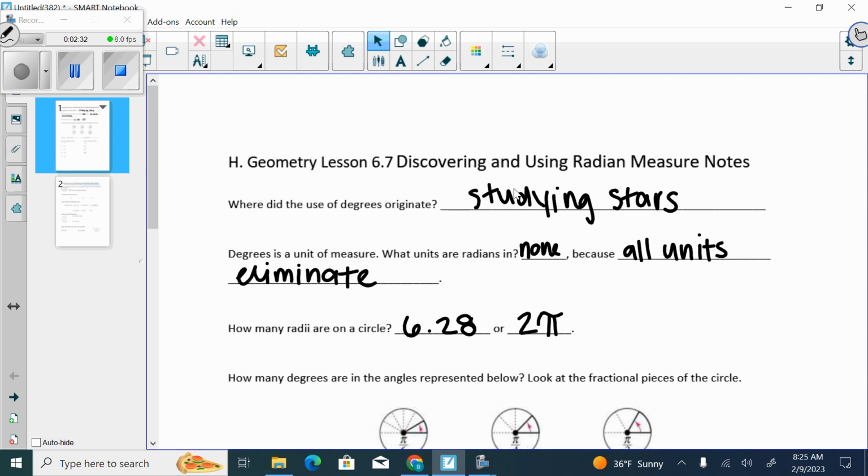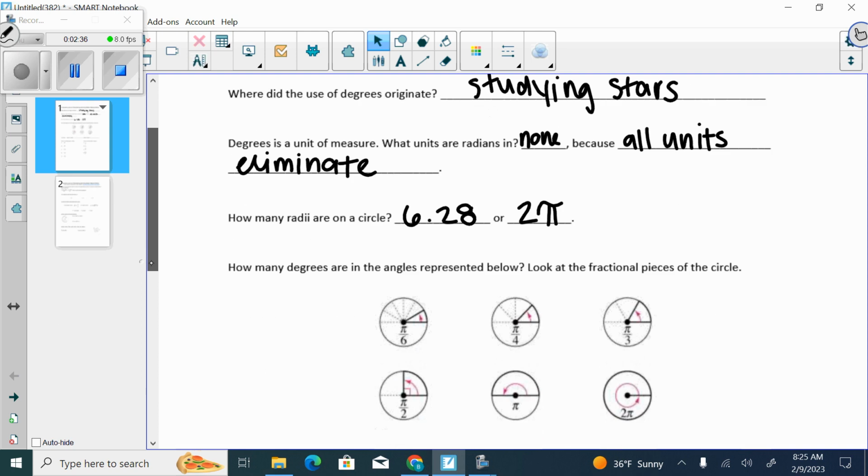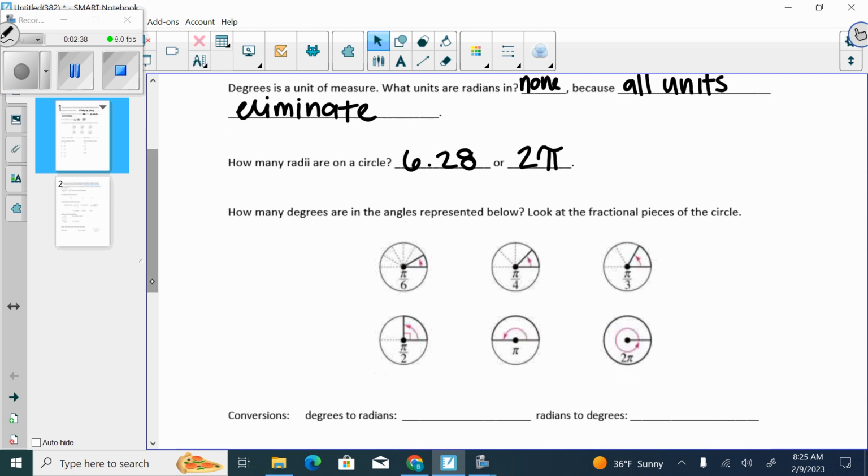Okay, looking here, they want us to figure out how many degrees are in the angles represented below. Look at the fractional pieces of the circles. Right here, this is pi over 6. So 6 sections here, and one of them is taken up.